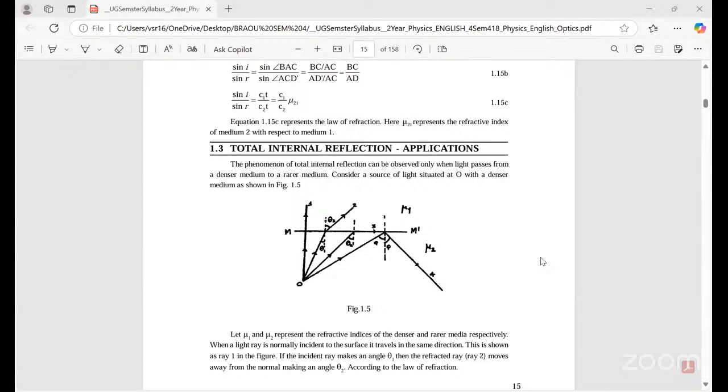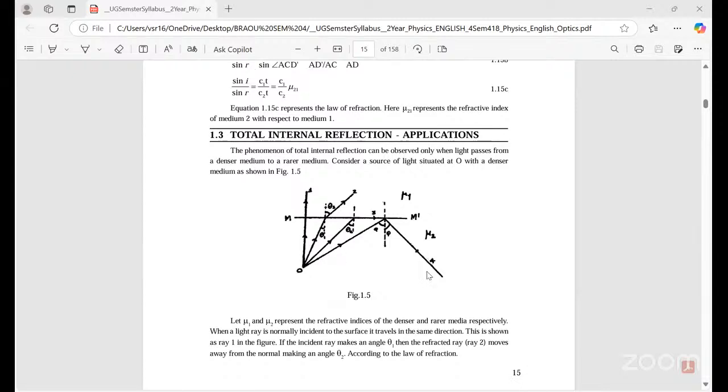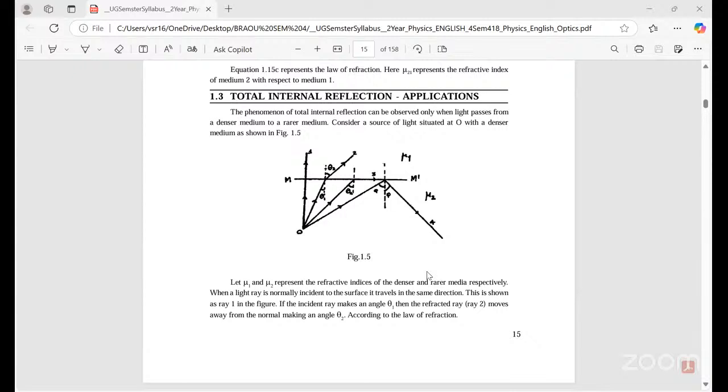The phenomenon of total internal reflection can be observed only when light passes from a denser medium to a rarer medium. Consider a light source at point O in a denser medium, with mu1 and mu2 the refractive indices of the denser and the rarer medium.